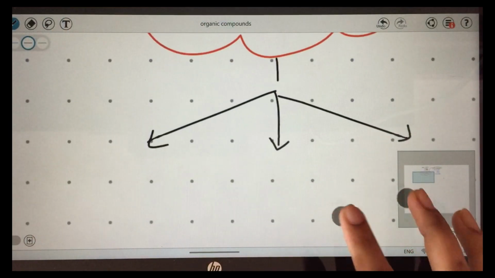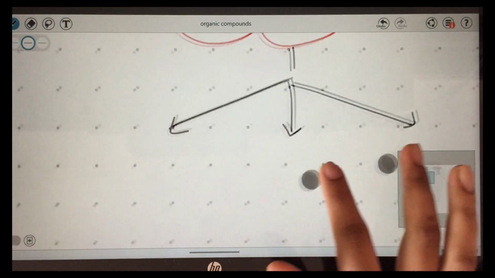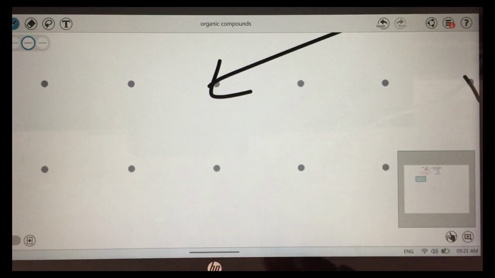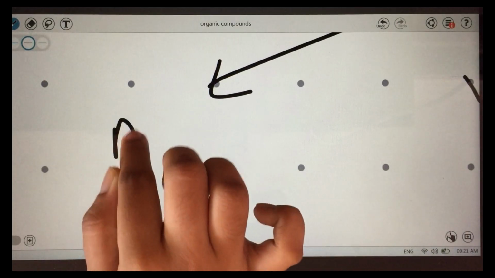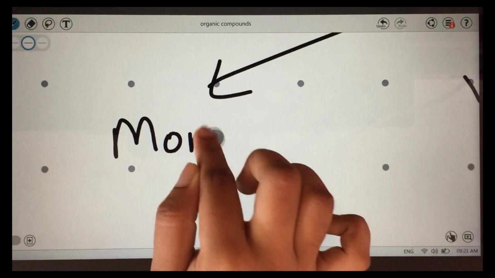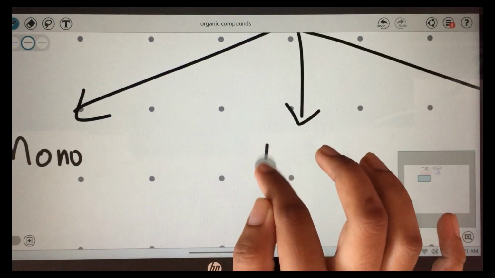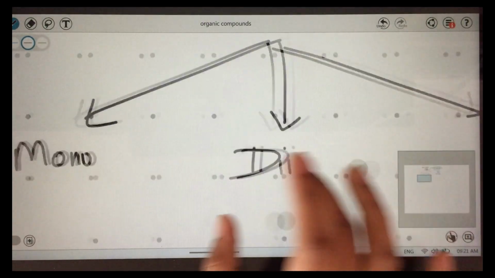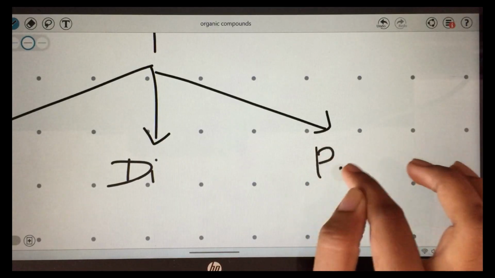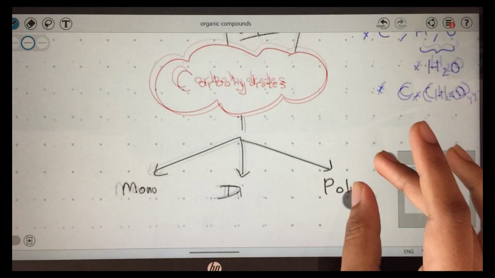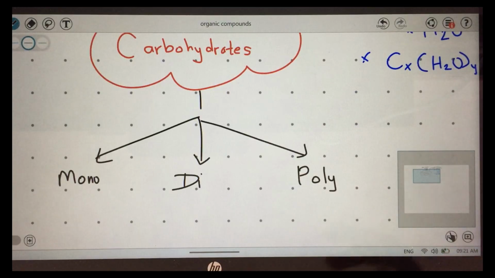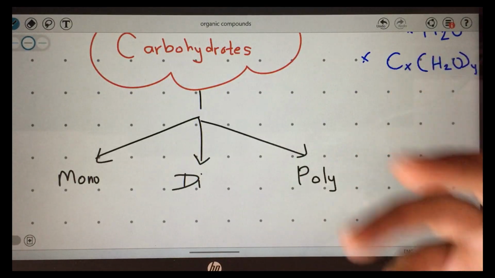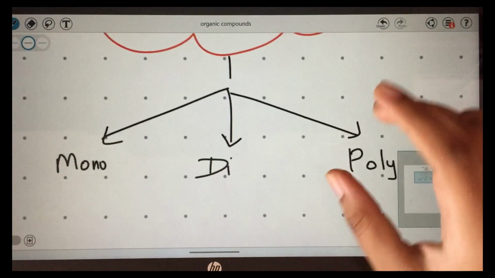So when we come to the three groups of carbohydrates, first of all we have monosaccharides. I'll write it in short form, mono. And then we have disaccharides, and then we have polysaccharides. Saccharides means sugars.